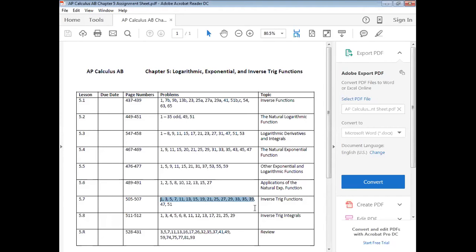5.7 looks like a lot of problems, but they're all individually listed. There's no ranges there. 135. Because I didn't actually assign this last week, did I? So don't do it. 135 is just doing inverse trig values. Like, what's the inverse tangent of 1 over the square root of 3?